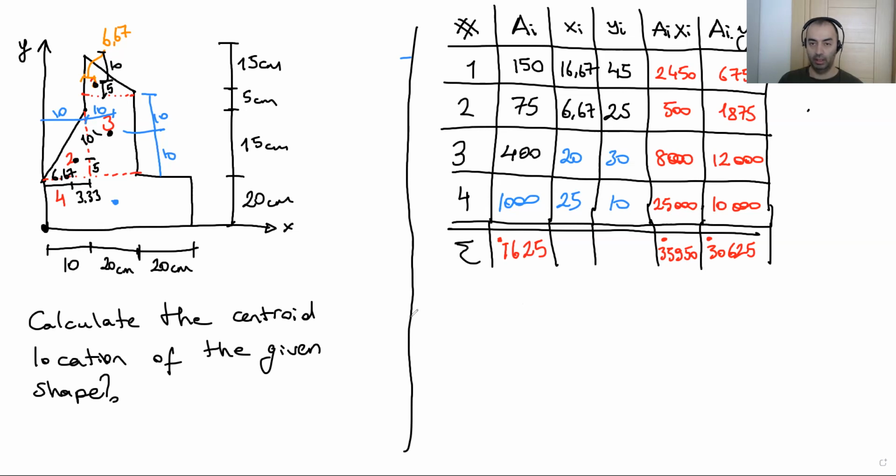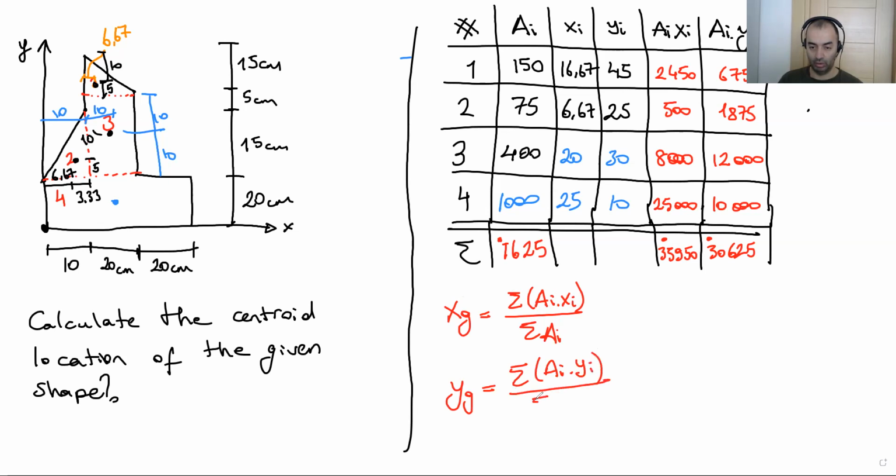So let's do the xg. What is xg? Total ai times xi over total ai. And same for the yg, total ai times yi over total ai.